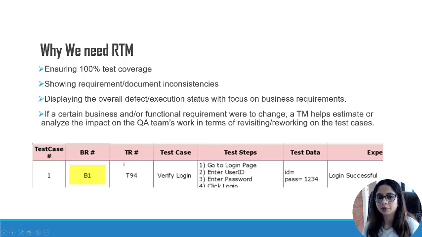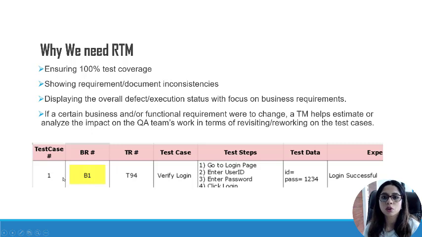There can be a business requirement, which is further broken down into technical requirements, which the coders will be working on. The test case is this, because it's a test case sheet which we are writing here. So we are mapping the business requirements to the test case sheet.